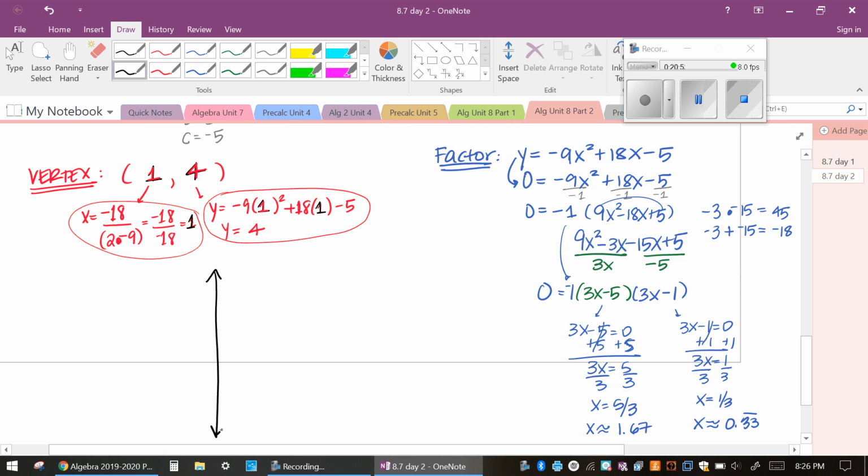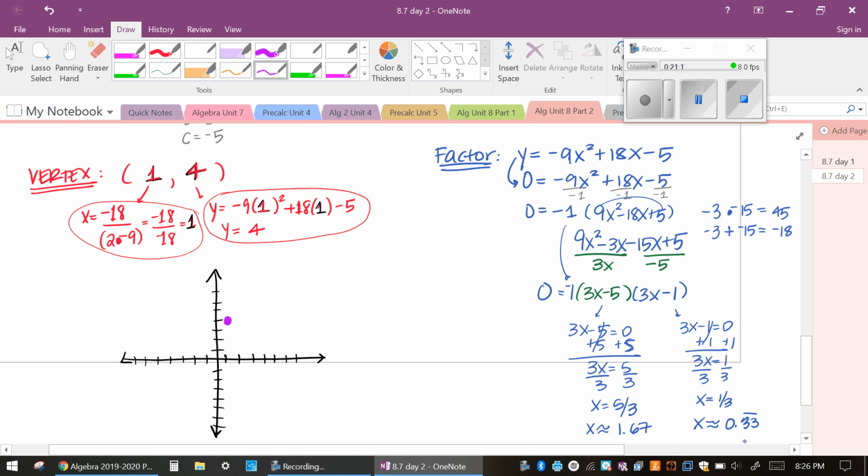To graph that, I'm going to go ahead and do the same thing that I did last time. 1, 2, 3, 4, 5, 6, 7. Okay, so I'm going to plot the vertex, which is 1, 4.